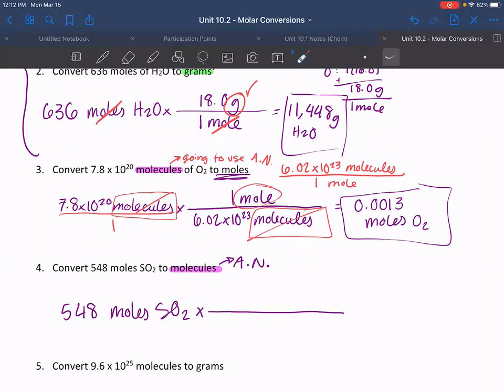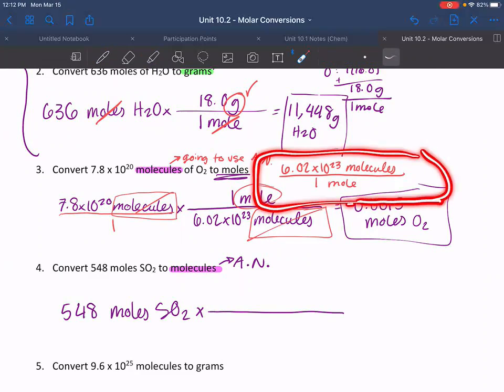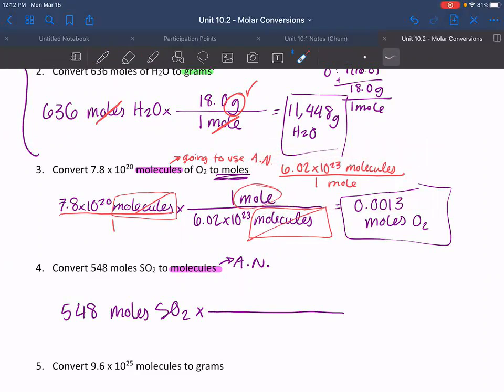So we have to decide, are we going to use this factor as is or flip it? Keep it as is. So we have 6.02 times 10 to the 23rd molecules in 1 mole.